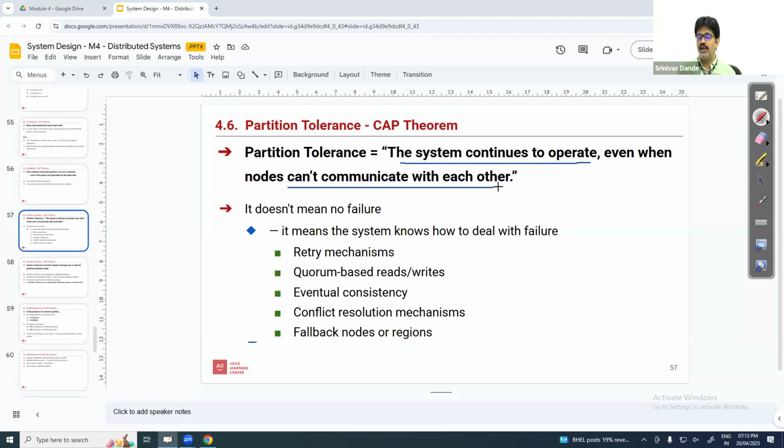The system continues to operate even when there is a network failure. For example, you have node A and node B. Consider a simple two-node cluster, with the two nodes connected through the network.